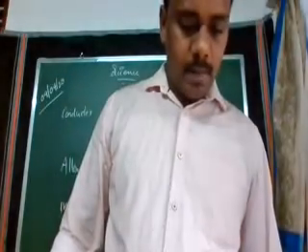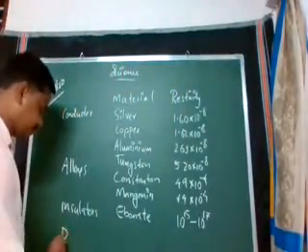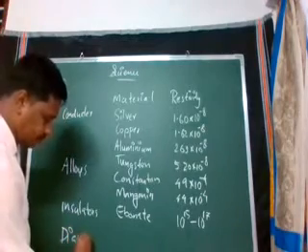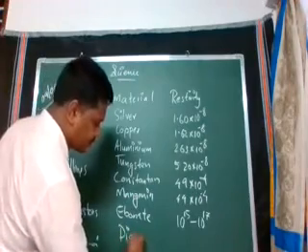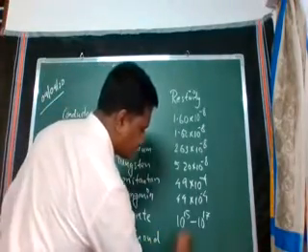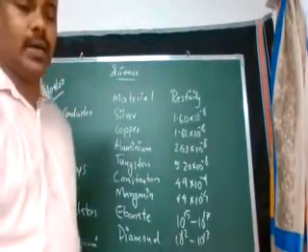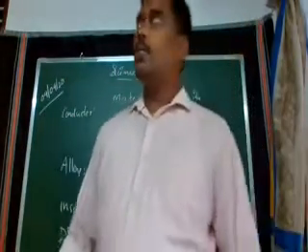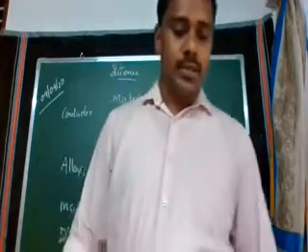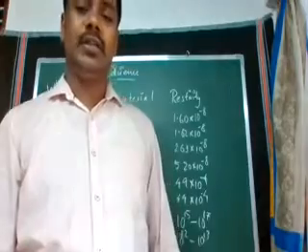Then diamond: 10 raised to 12 to 10 raised to 13. This is the resistivity of some substances at 20 degree Celsius.